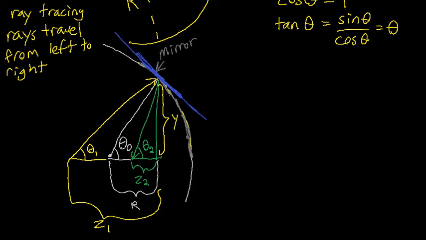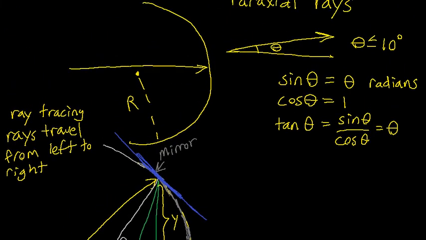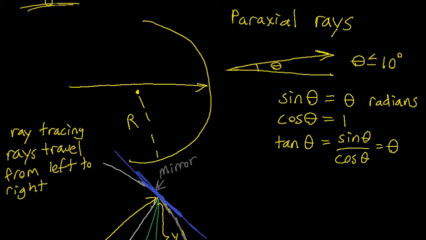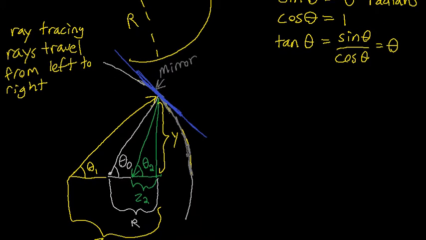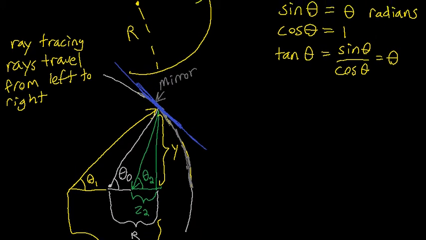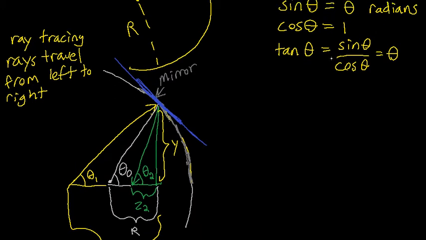From these relations, remember, we are making the paraxial approximation, which means these angles are very small. And the reason we're doing that is to take these approximations here and relate them to this. So tangent is opposite over adjacent.